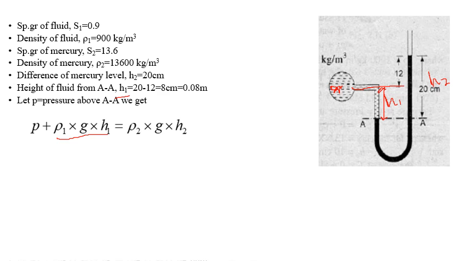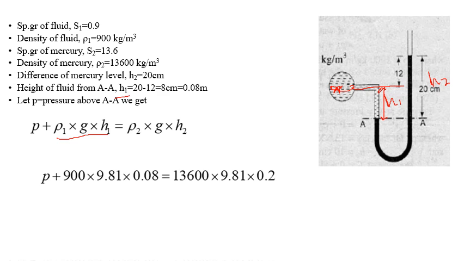The pressure at this point is taken as P. Then the pressure above the AA line in the right limb is given by ρ2 g H2, for the density of the liquid ρ2, g, and H2 for the height of 20 centimeter.